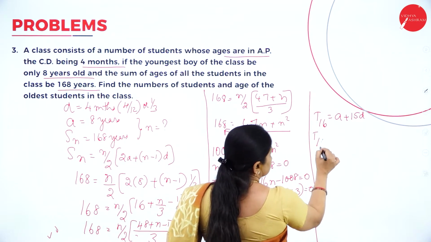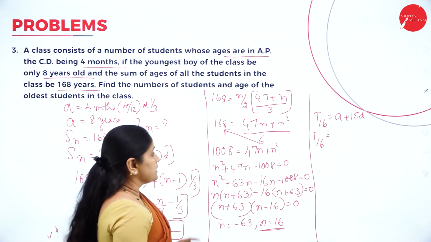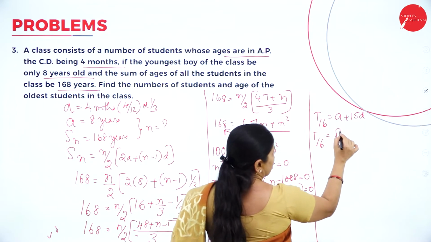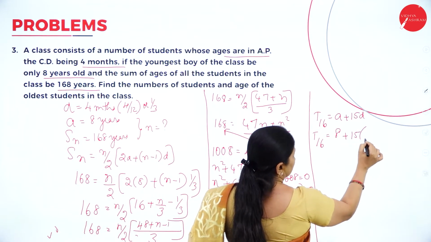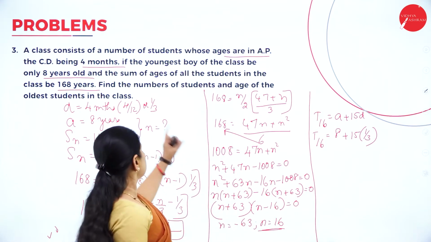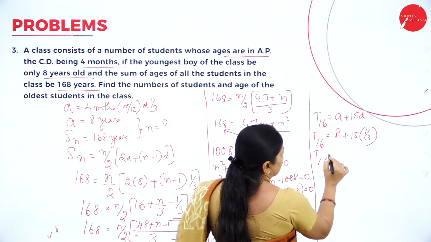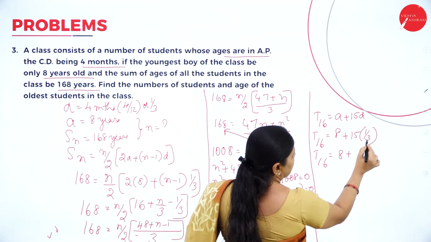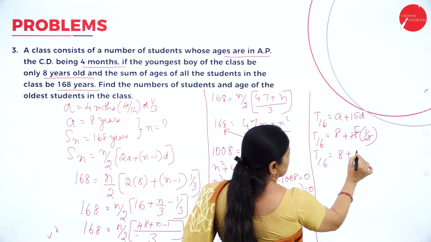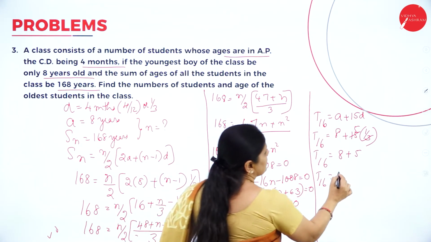What is A here? A equals 8. So 8 plus 15 into 1 by 3. So I'm just substituting the values here. So T16 will be equal to 8 plus 5. So T16 equals 8 plus 5 is 13.